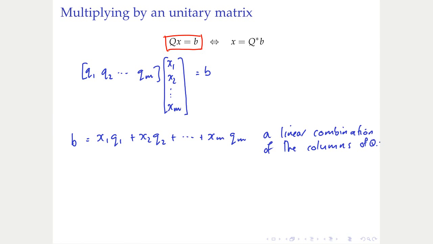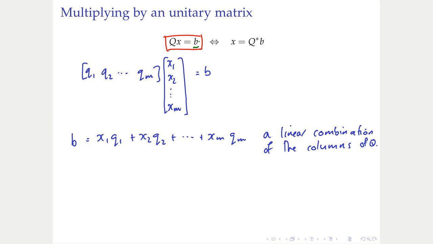When you multiply a matrix by a vector on the right like that, you can think of it two ways. You can either think of the matrix doing some kind of transformation on the vector x to give us that vector b, or you can think of the vector operating on the matrix by taking a linear combination of its columns. So think of b as some kind of point in space.